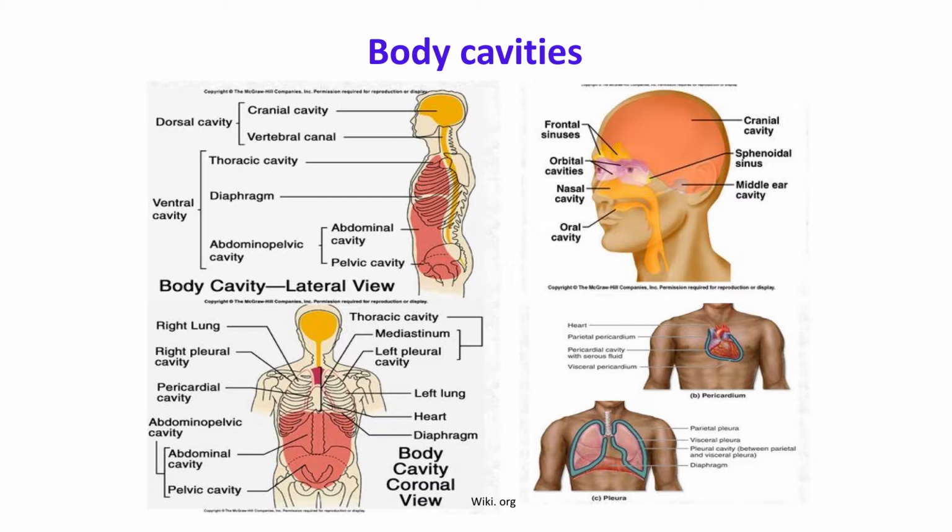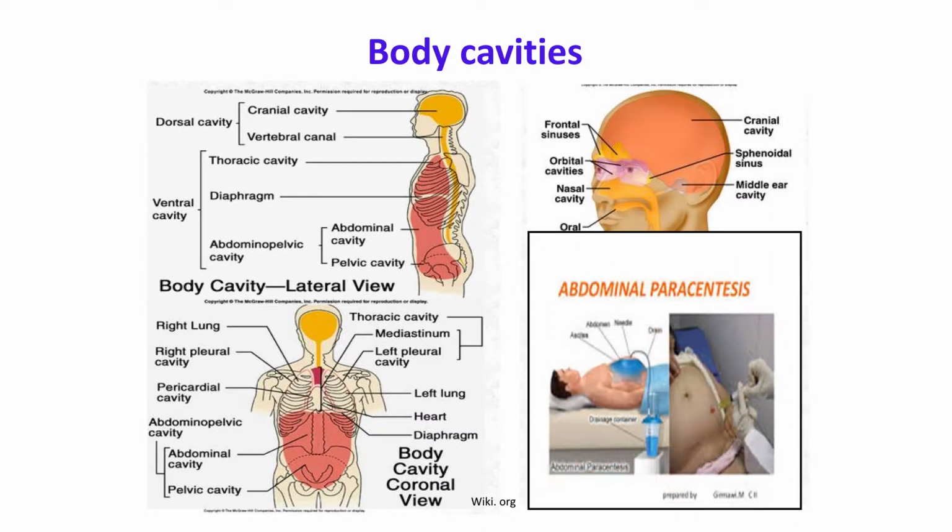Please also remember the peritoneum, which is the layer of thick serous membrane that lines the inside of the peritoneal cavity. You will see peritonitis, meaning the infection or inflammation of the peritoneal cavity, and peritoneal fluid, meaning the fluid collected inside this cavity that may need to be drained out to be tested by the procedure called abdominal paracentesis.